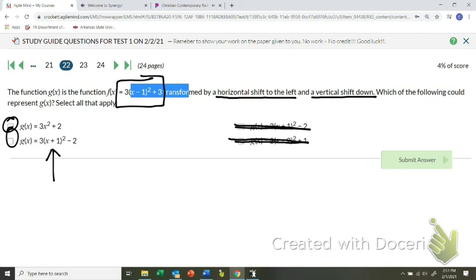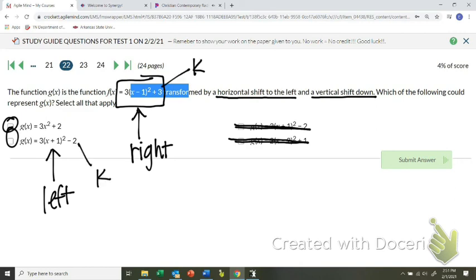So now we've moved back to the left. Right here, x minus 1 is at the right. Does everybody agree? All right, but over here on the answer choice, x plus 1 means it moved to the left. Now look at the K value. You started with a positive 3, and you ended up with a negative 2. Does that mean you went down? Yeah. All right, so that is a choice. Don't put these up yet.